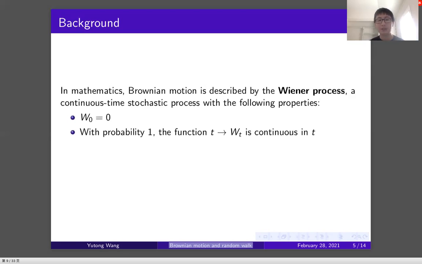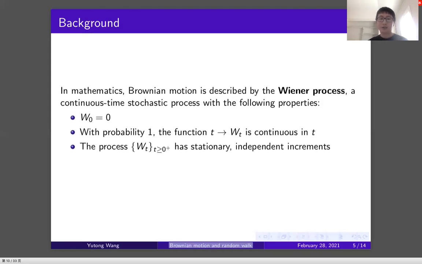The second property is that with probability P equal to 1, the function Wt is continuous in t for every t. The third property is very important. It describes the process Wt for every t greater than 0.